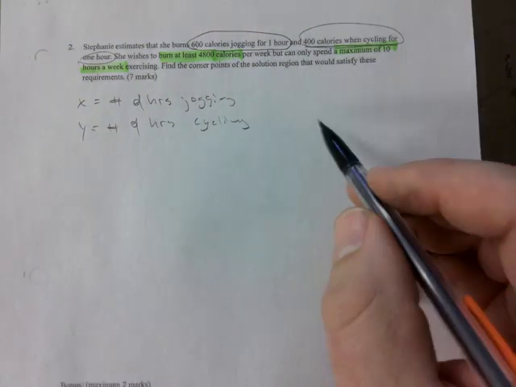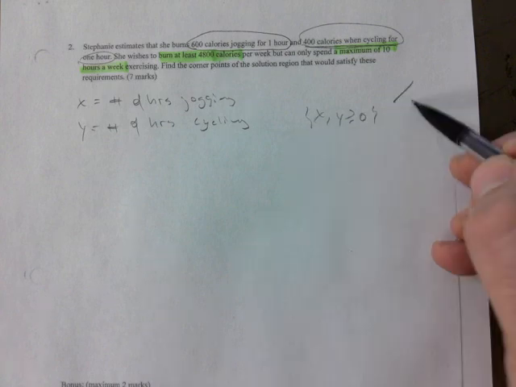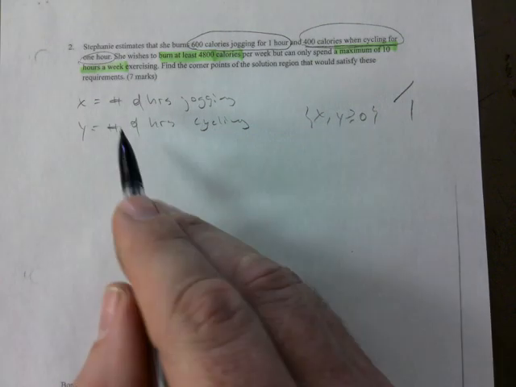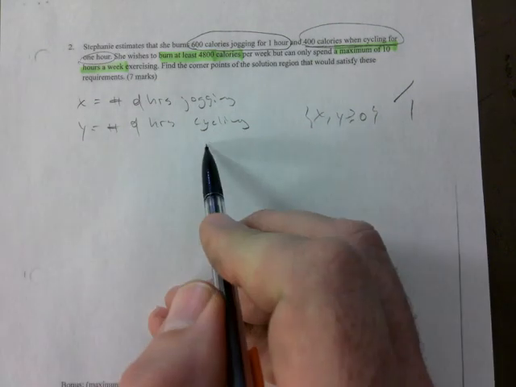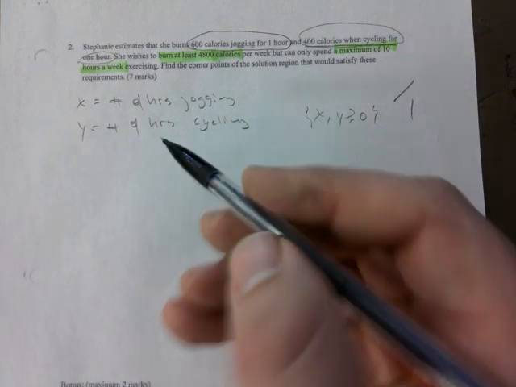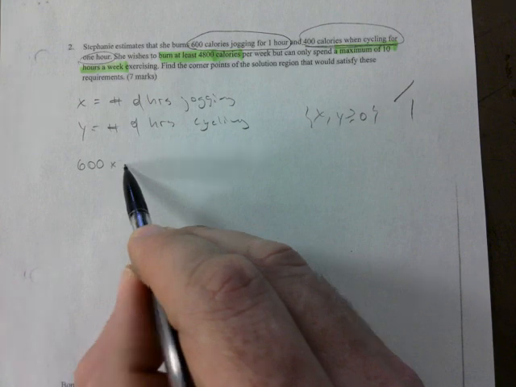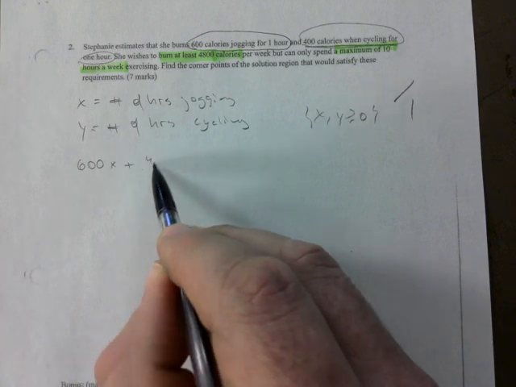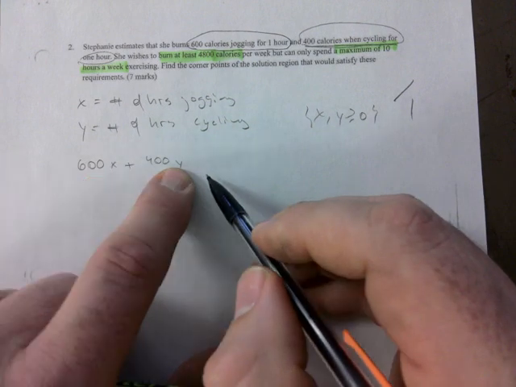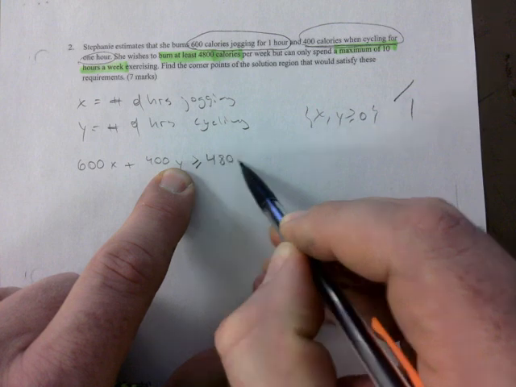We're going to give you 1 mark for this part right there. That should have been there. It's hours. It's not just jogging or cycling. What is it? In this case, it's hours. That's the only one that makes sense. So let's talk about calories here. Nobody wants to talk about calories. 600x plus 400y, right? You burn this much for that. Every hour you jog, every hour you cycle, and you want that to be at least 4,800 calories, right?